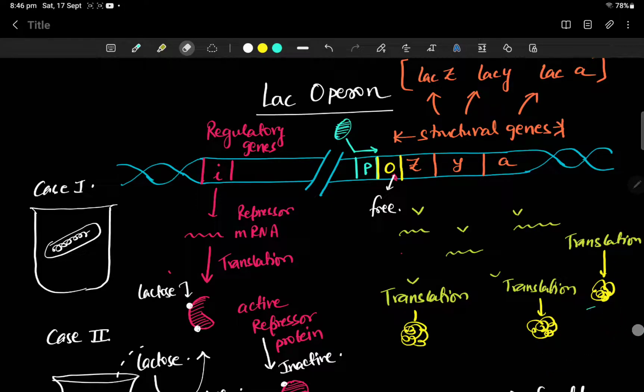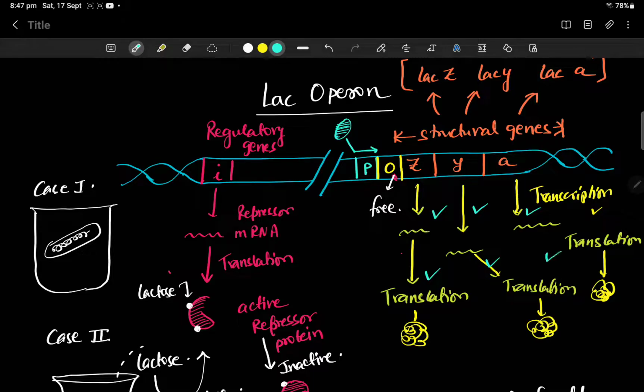So I'm just putting up the cross. I'll just redraw it. So here transcription will start, followed by translation, and all the check marks, it will start, and these proteins will also be formed.